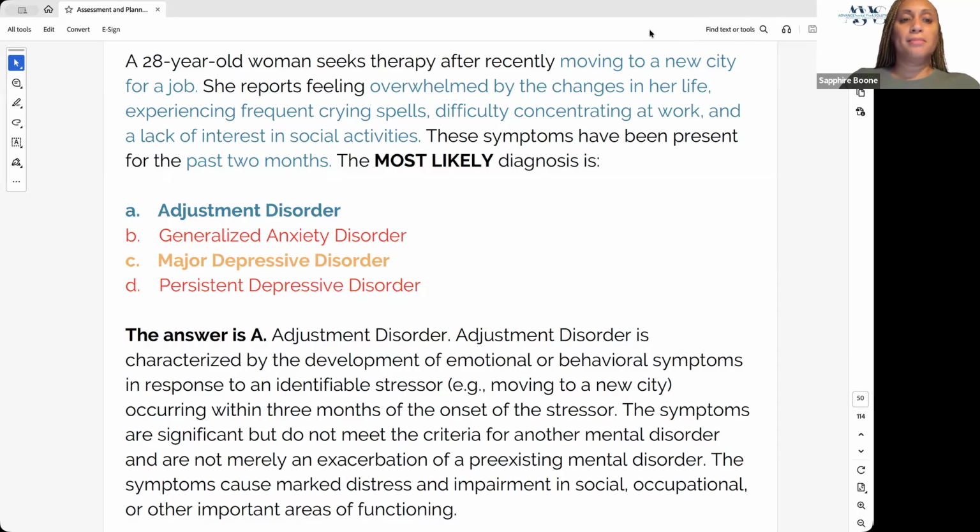The time frame for MDD, hold on, major depressive episode is 2 weeks. Major depressive disorder is when you have at least one depressive episode.